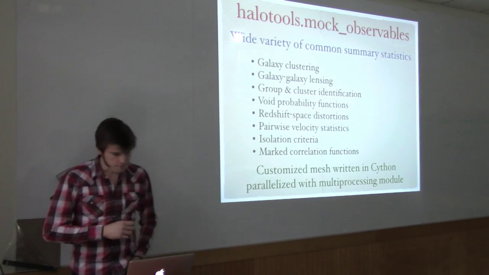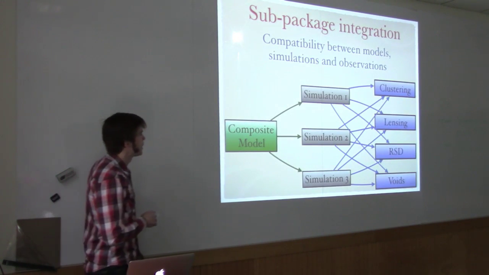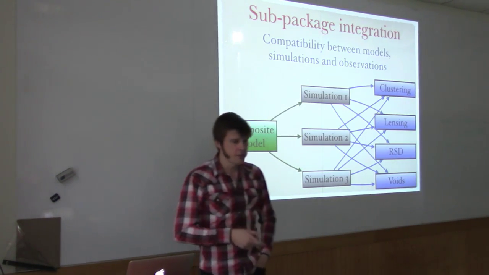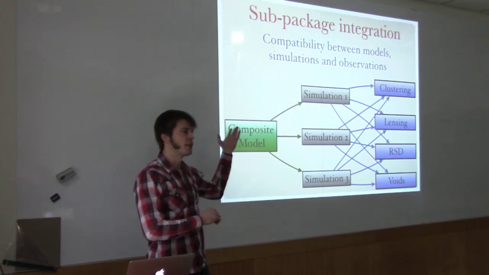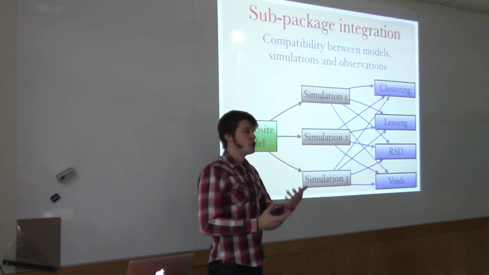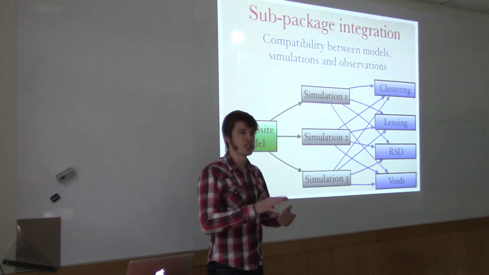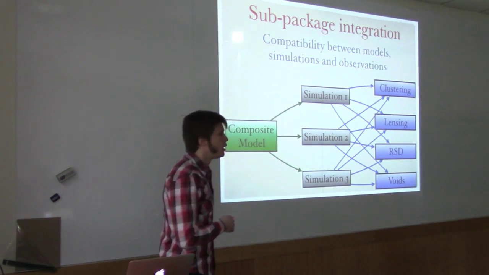Okay. So as I said, each of those individual subpackages works entirely on its own. I forgot to mention, the mock observables package in no way even knows that you're using the rest of Halotools. It just takes a set of point data in phase space and returns your summary statistic.